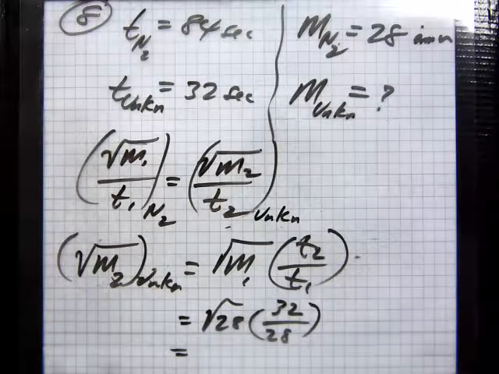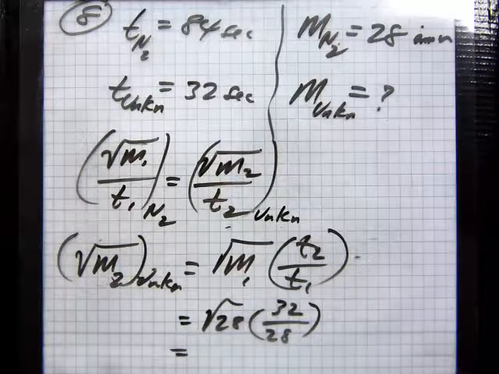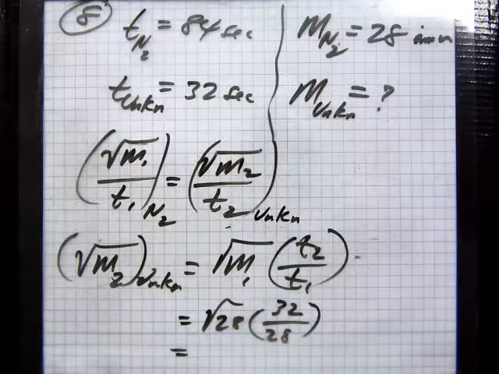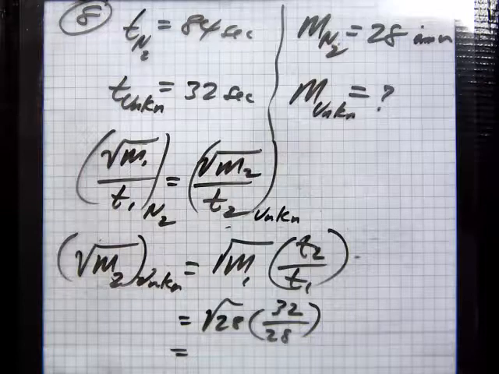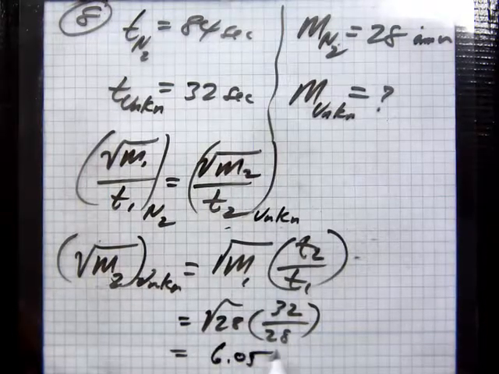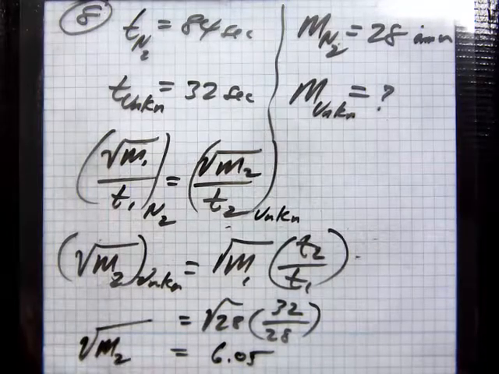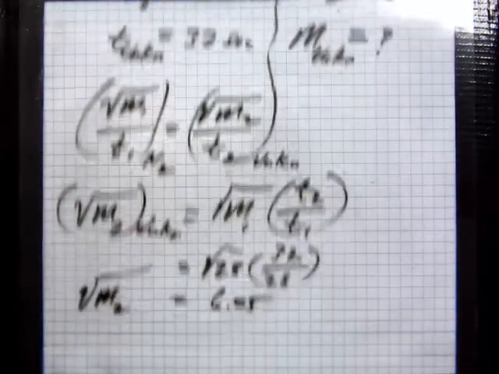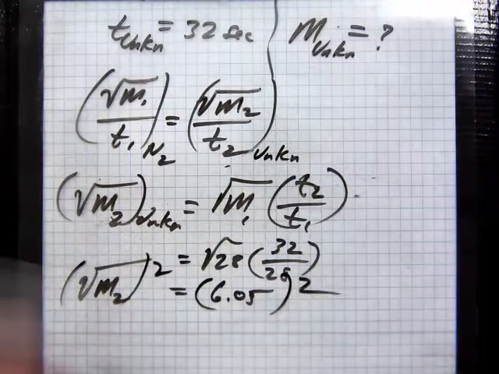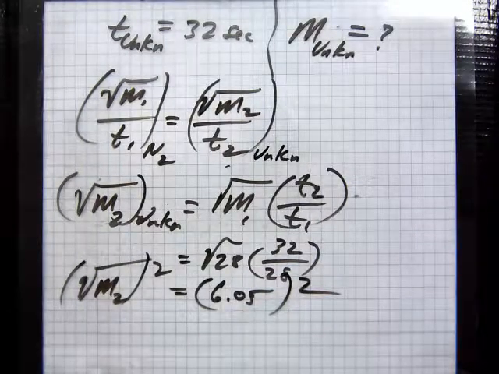So you're going to have to square both sides when you finish. 28 square root times 32 divided by 28 equals 6.05. Now that is the square root of M2. So square both sides of that. I get 36.6.